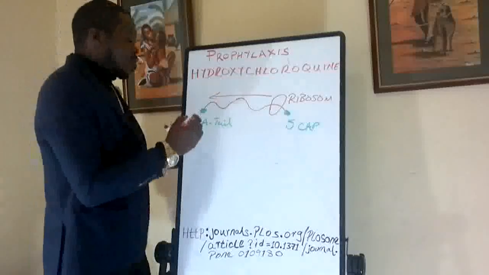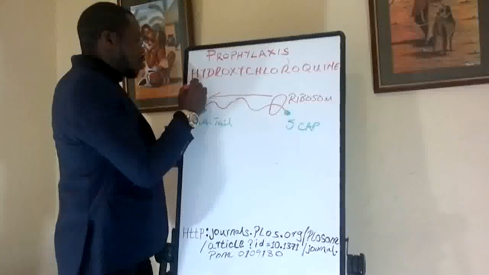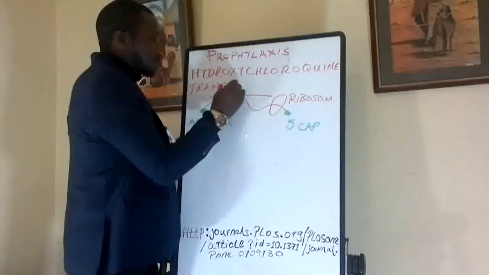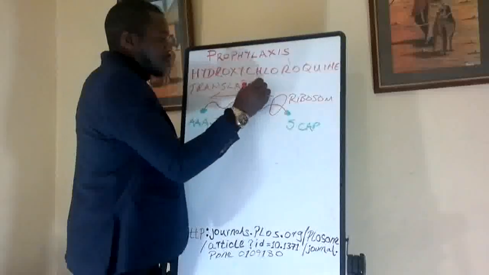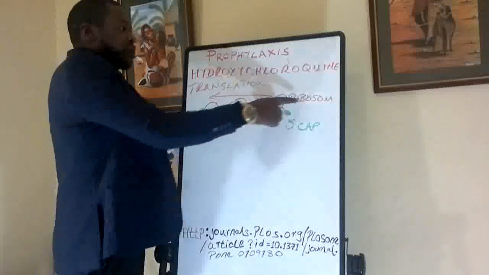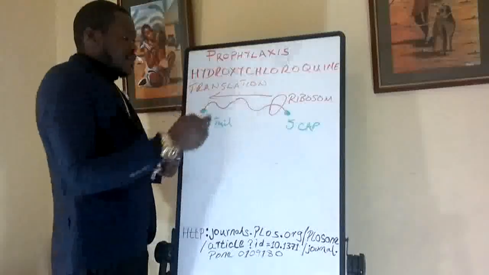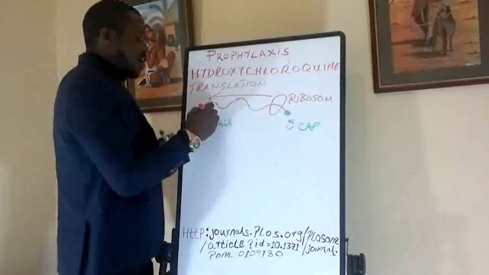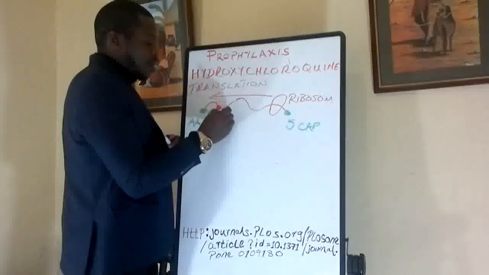So in a process called translation, the ribosome moves from this side to the poly A tail side, creating a protein.